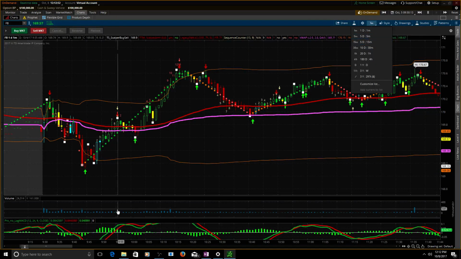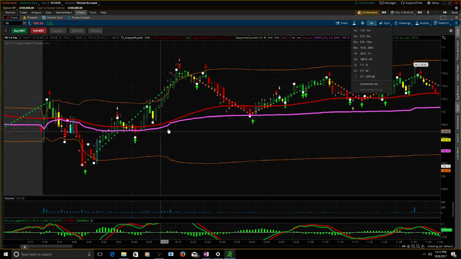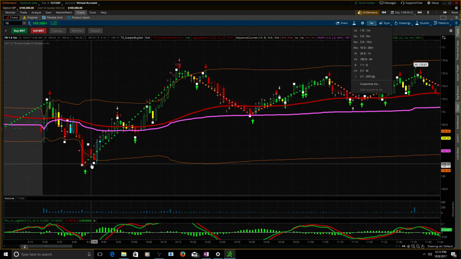So this is the 1-minute chart, and this time frame is between 9:10 and 9:50. It started at 160.26. Oh, there's a 10-minute mark.